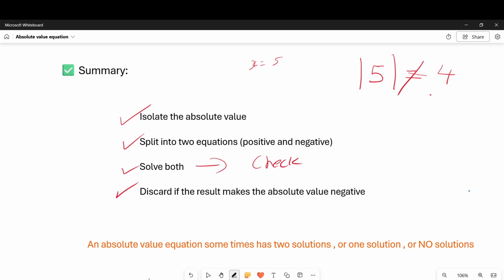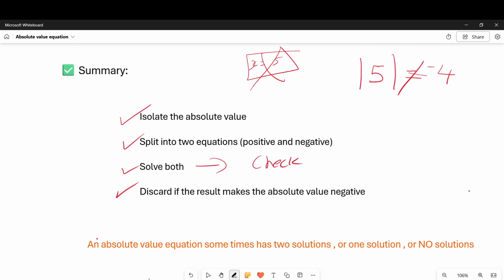In this case also, you need to eliminate this value. We need to discard this value also. Okay, so two cases we need to discard. One is when the absolute value goes negative. Another case is when the left hand side is not equal to the right hand side. In this case also you need to discard the result.